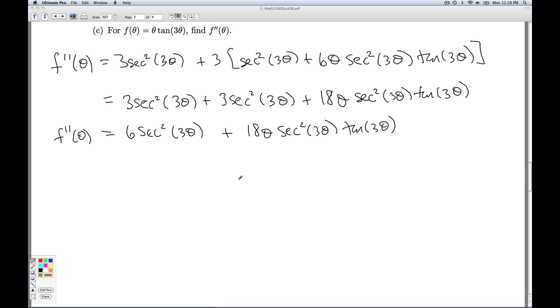Now with what we're going to do with this in Chapter 3, we would notice that we can factor a 6 secant squared 3 theta out of each term if we were solving this for some reason equal to 0. But as far as taking the derivative and simplifying, this is as good as we're going to leave it. That'll do it for C.